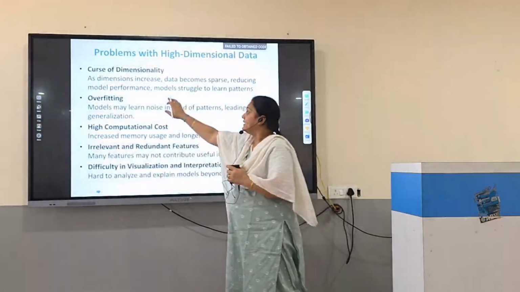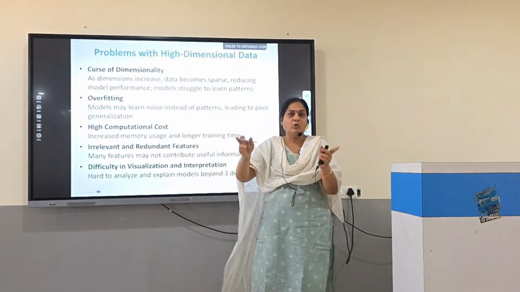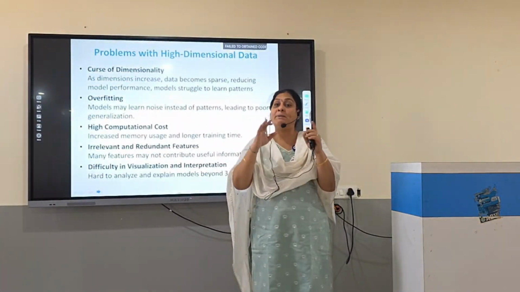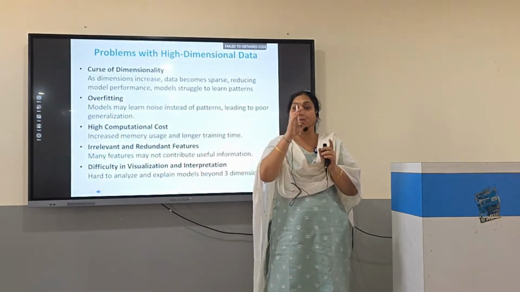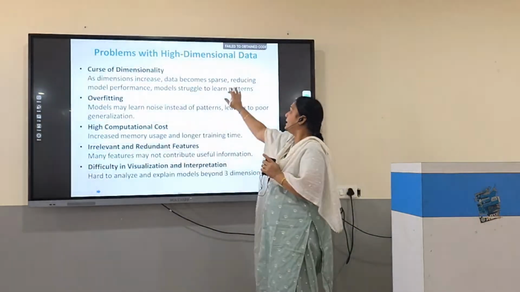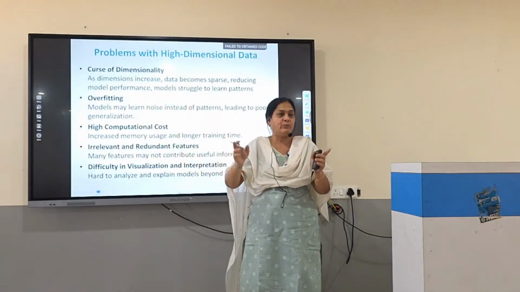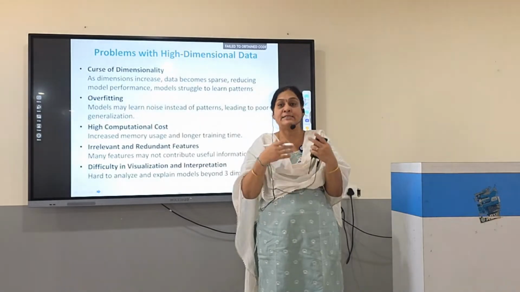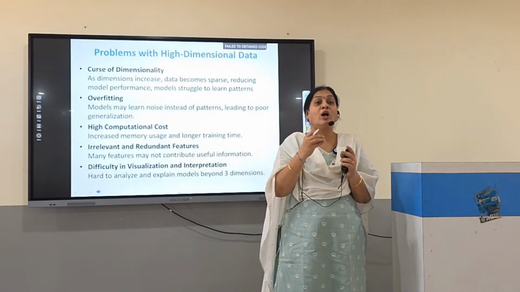As the dimensions increase, data becomes sparse. If you want to convert them into some machine readable form, it becomes very sparse. You know sparse matrix, right? It has many zeros. So the data becomes very big, reducing the model performance. When the data is very big, there is unnecessary and redundant data, and it will lead to wrong predictions.